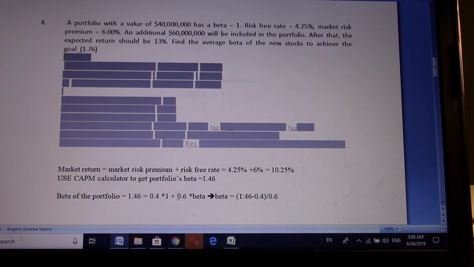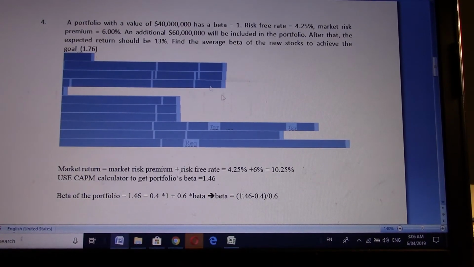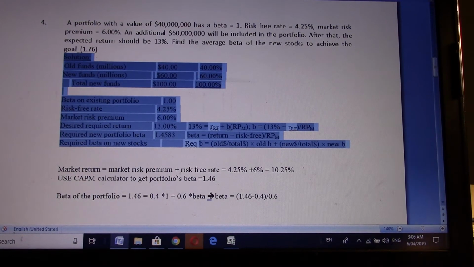If we just use the CAPM model instead of using the calculator, the whole solution should be something like this. So the answer should be 1.76. If you use the CAPM calculator, you need to use the market return, because that's one of the inputs for the calculator.